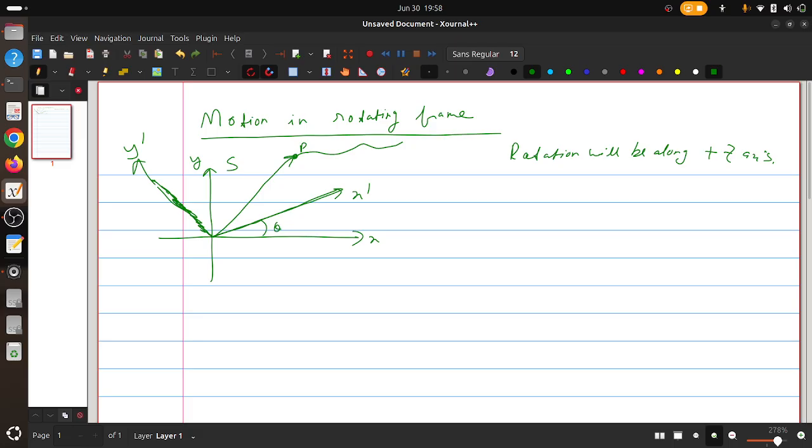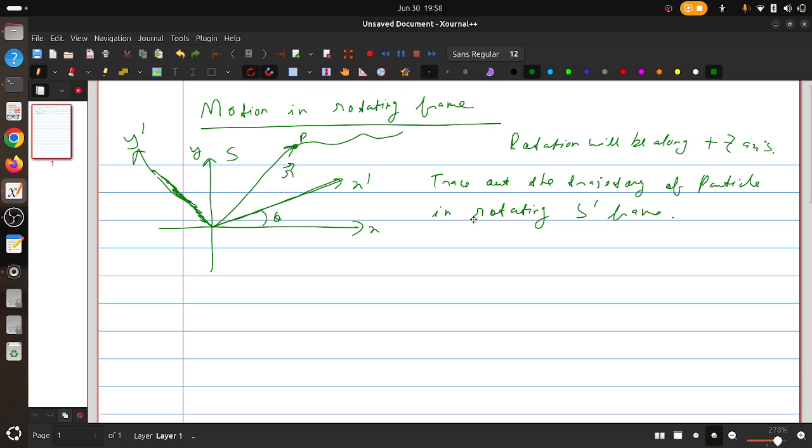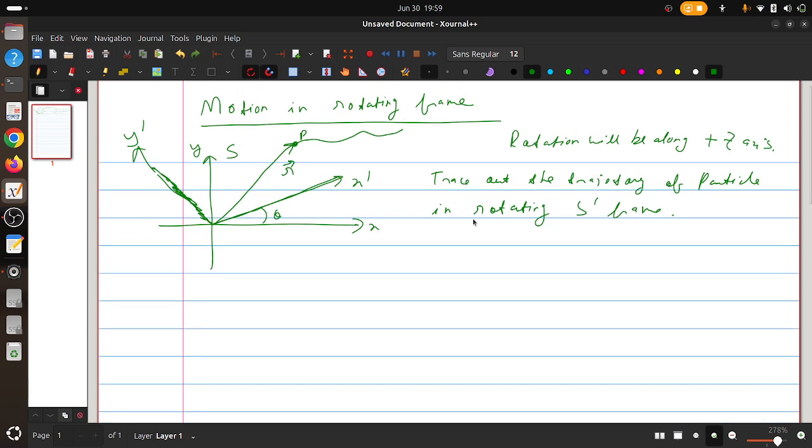Let's say the position vector is R vector in the S frame, and our basic aim is to trace out the trajectory of the particle in the rotating S prime frame. Okay, this is the basic aim.